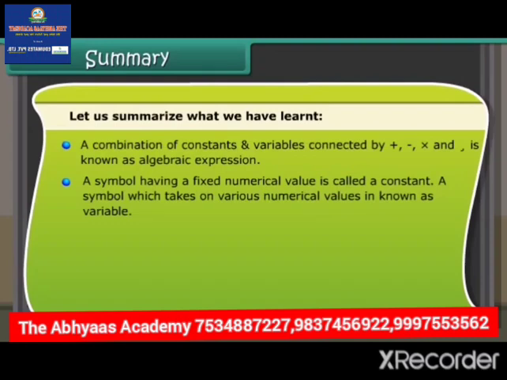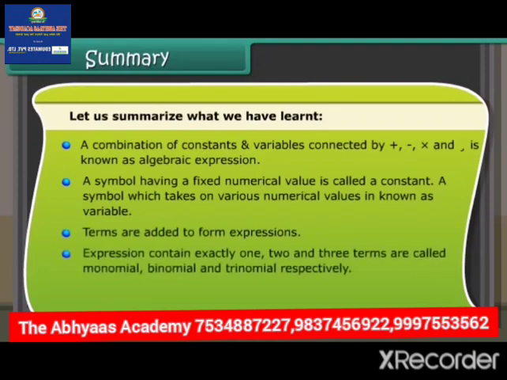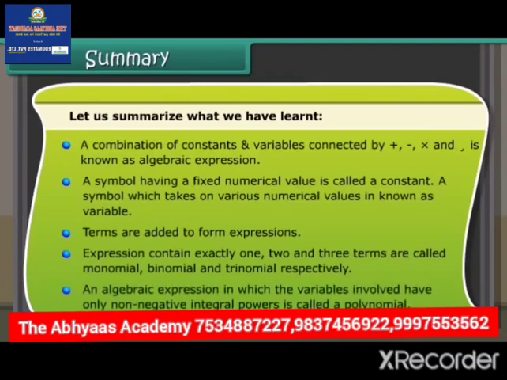A symbol which takes on various numerical values is known as a variable. Terms are added to form expressions. Expressions containing exactly 1, 2, and 3 terms are called monomial, binomial, and trinomial respectively. An algebraic expression in which the variables involved have only non-negative integral powers is called a polynomial.